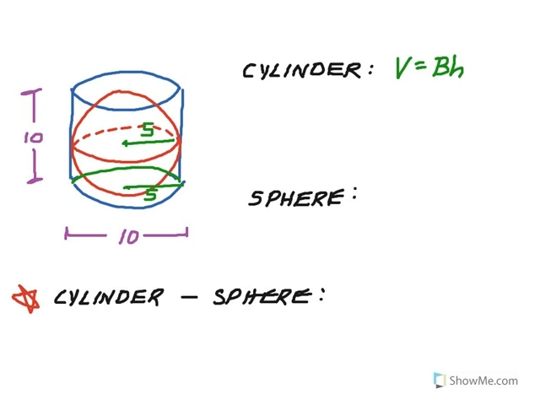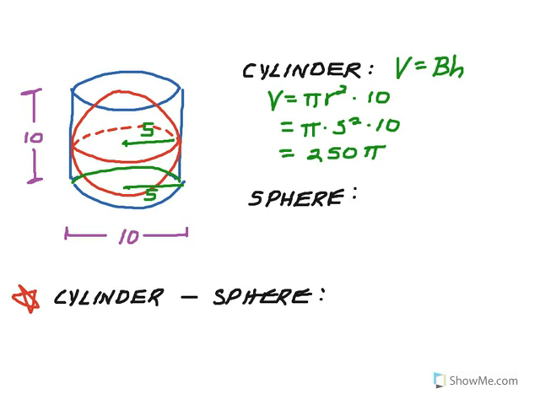So in this case, the volume is pi times the radius squared times the height of 10. So this is pi times 5 squared times 10, or 250 pi cubic units.